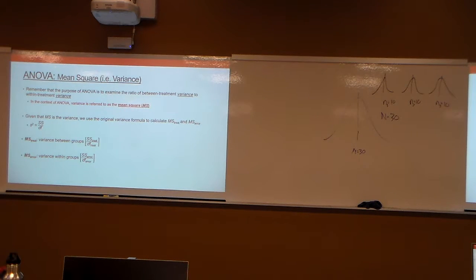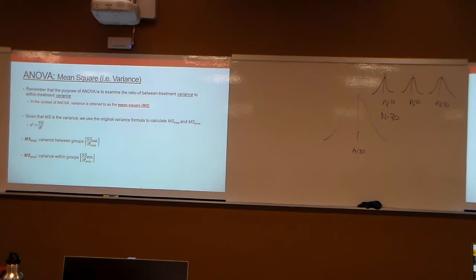But because mean square is just the same thing as variance, and we already know how to get variance from our sum of squares, all this kind of falls into place from stuff that we've done before, right? So remember that variance is just a sum of squares divided by degrees of freedom, because we've already calculated sum of squares, and we've already calculated degrees of freedom for everything.